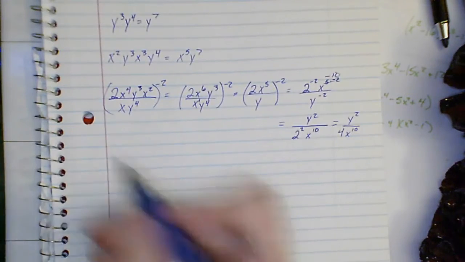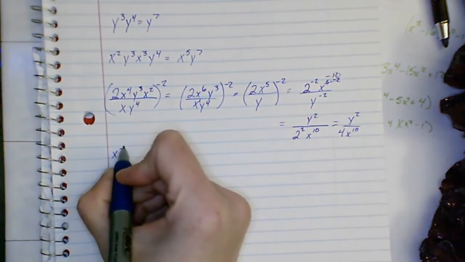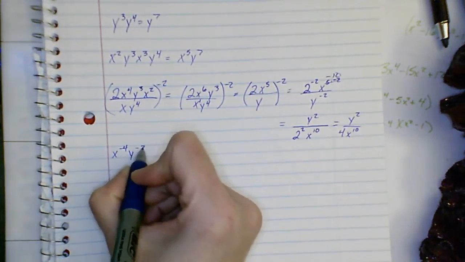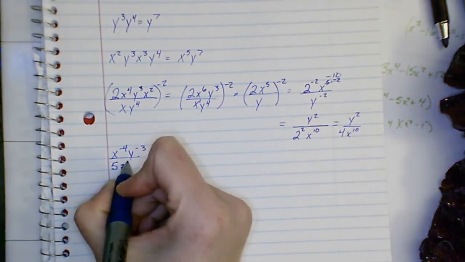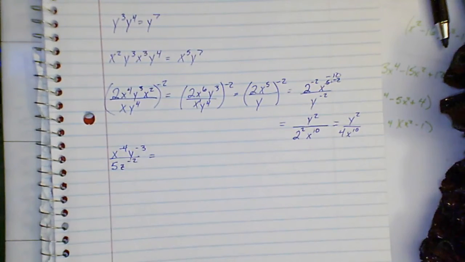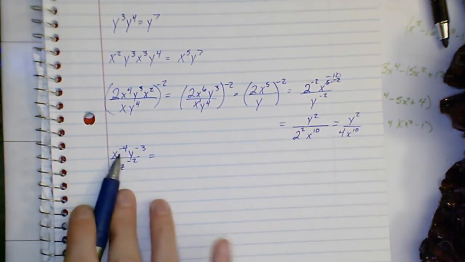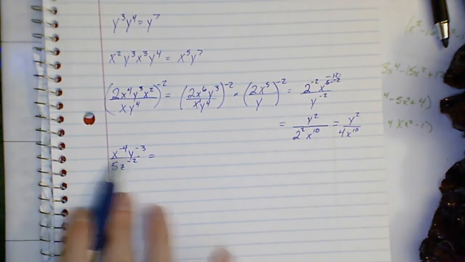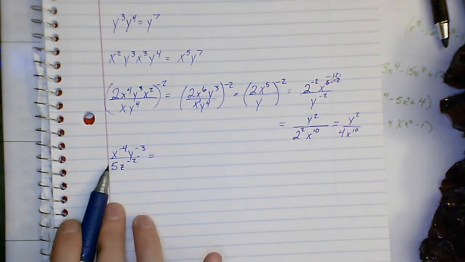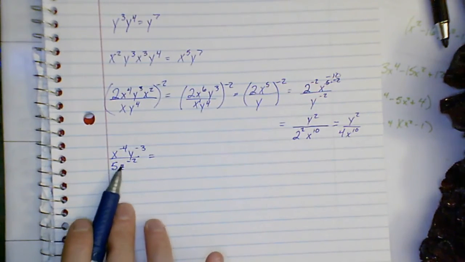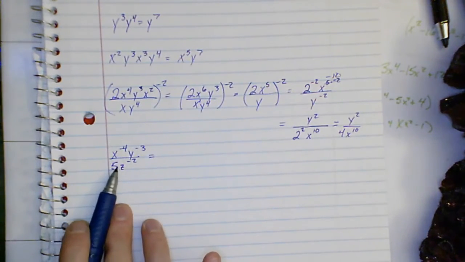Make sure it's all evaluated. Now, I have seen many mistakes involving what to move when we are dealing with negative values. This -4 is only applied to the x. This -3 is only applied to the y. 5 is not affected by a negative exponent.